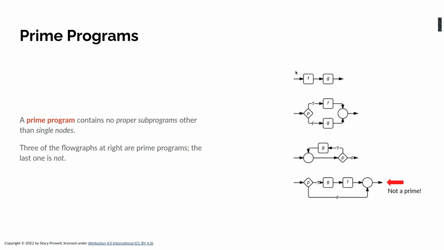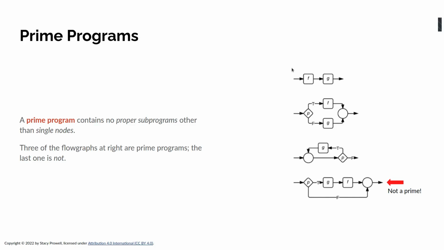In this case, these three guys at the top fit that description. I can draw a line around the subprogram, but it consists of a single node. Over here, same thing. Here, yeah, I can't do it. I can't draw a line that gives me a proper subprogram of more than one node that isn't the whole thing. So we call these guys primes.